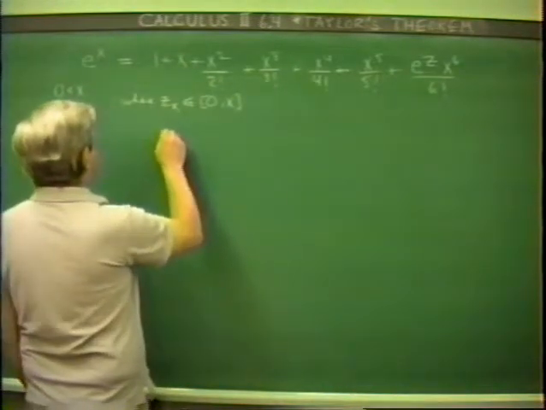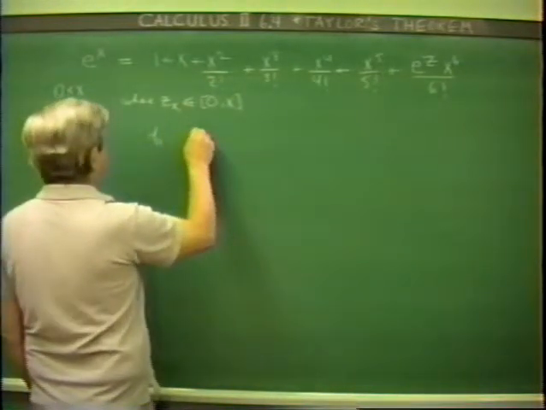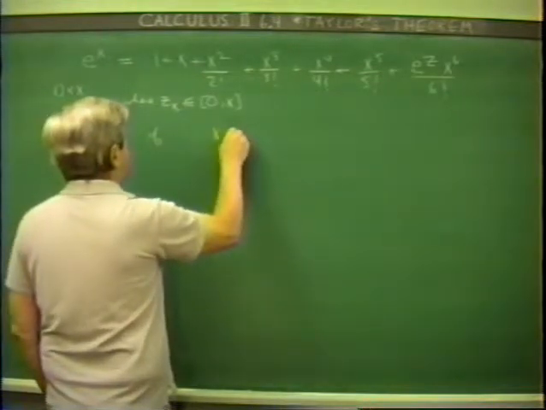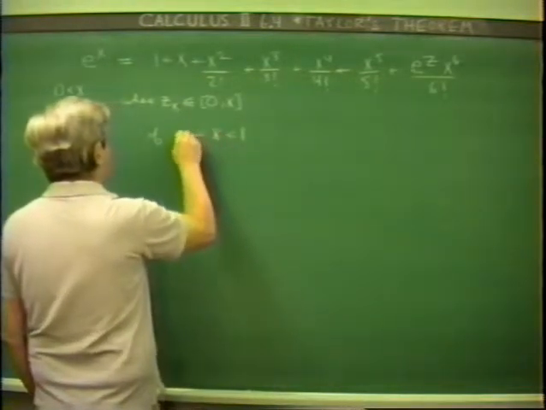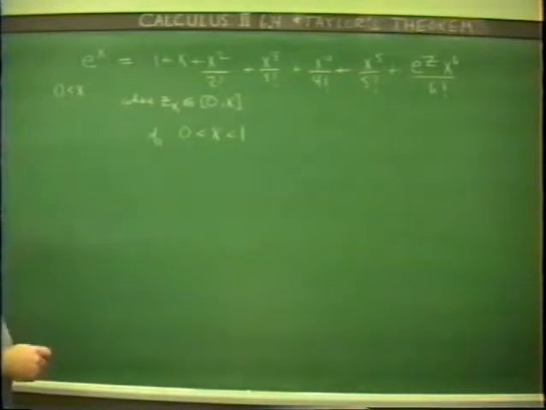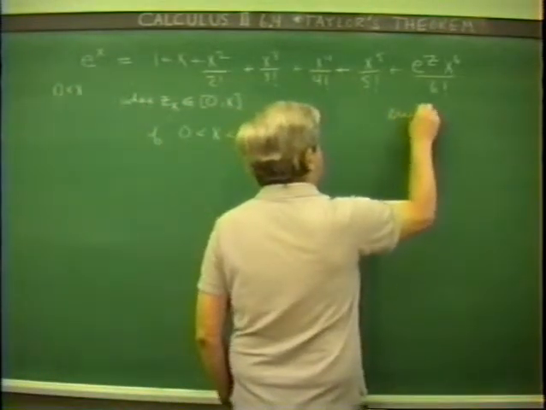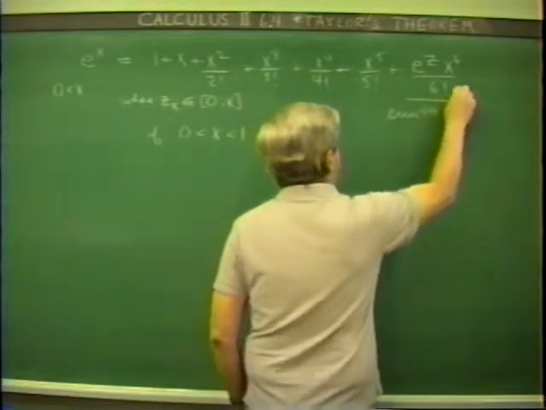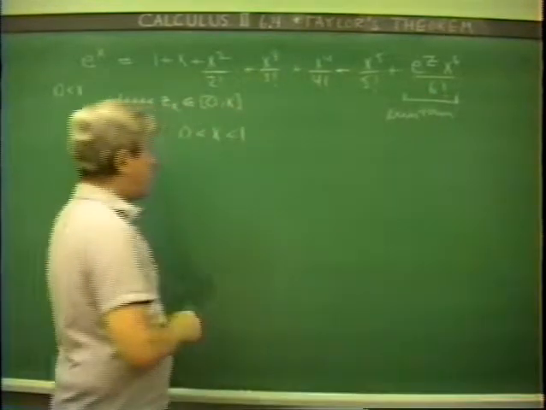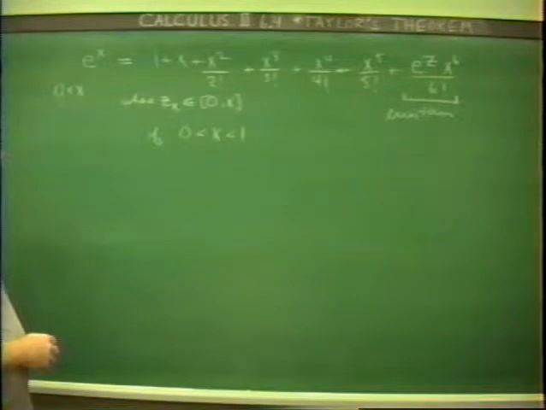And since e to the x is increasing, if, let's say, x is also less than 1, then this is the error term right here, or the remainder term.